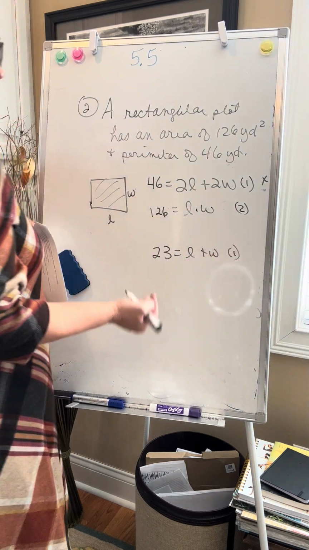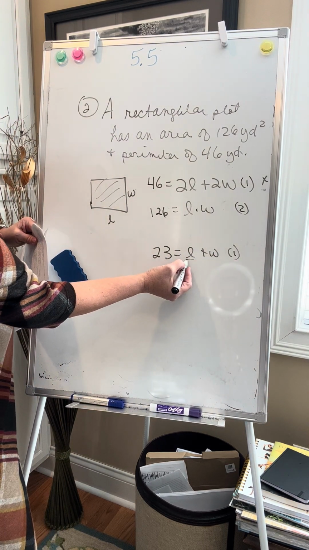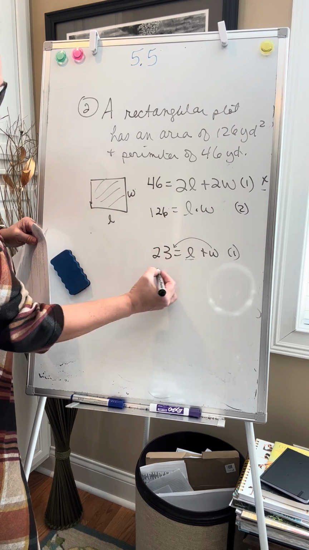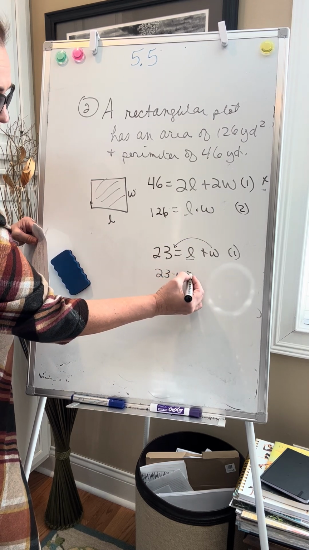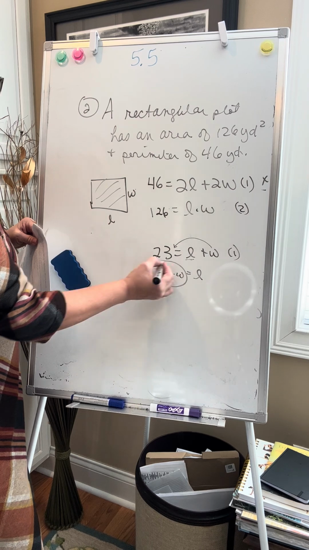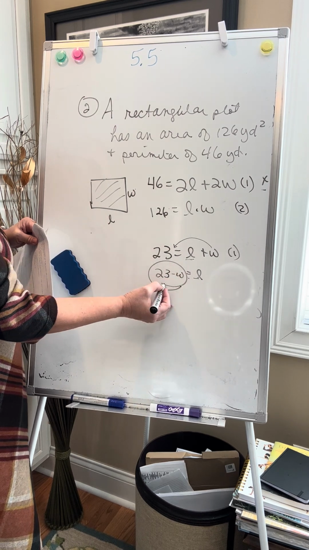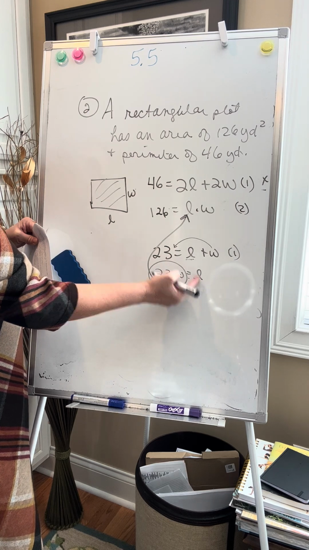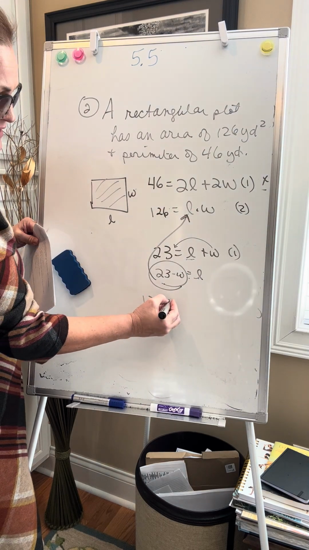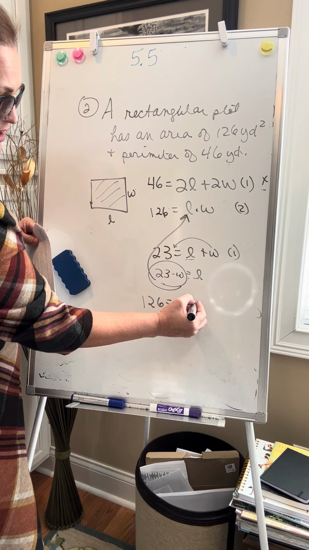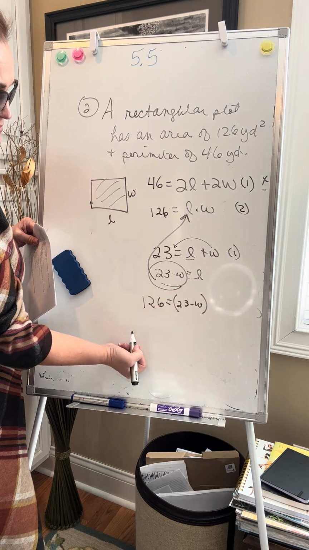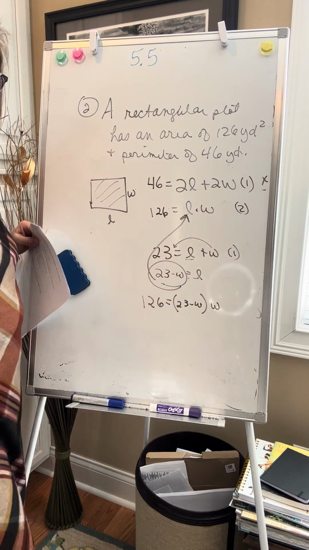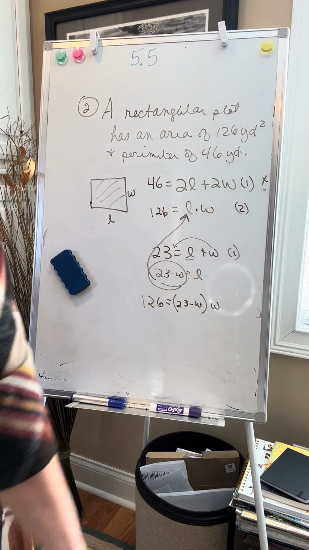That's optional, but it makes it easier to solve for L by throwing the W across. Then I could substitute L equals 23 minus W into the other equation, so it'd be 126 equals 23 minus W times W. And then I have an equation just like before.